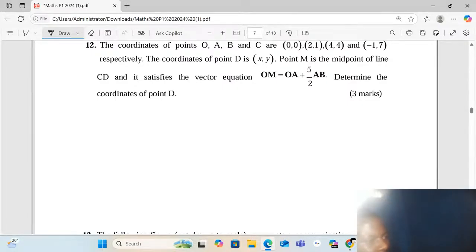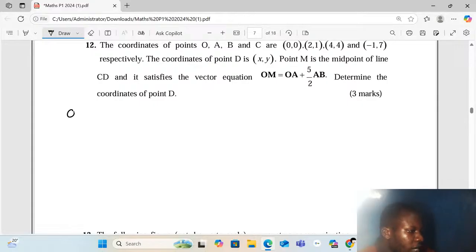The coordinates of point D is x, y. Point M is a midpoint on line CD. It satisfies the vector equation OM equals OA plus 5 over 2 AB. Determine the coordinates of point D.